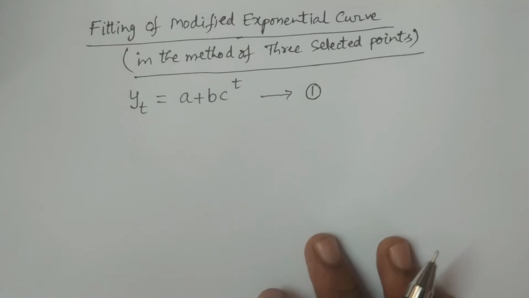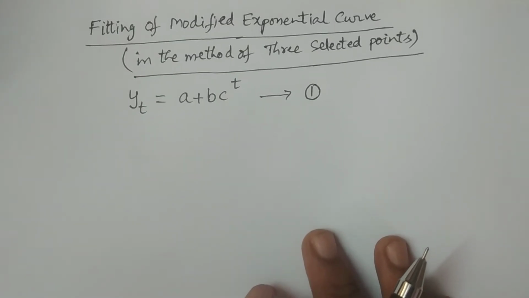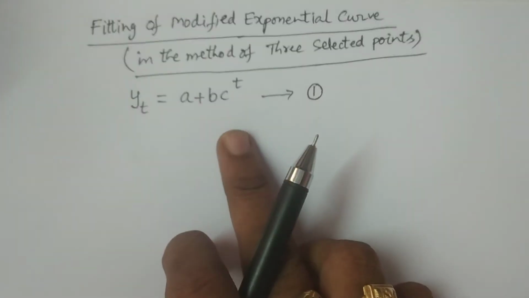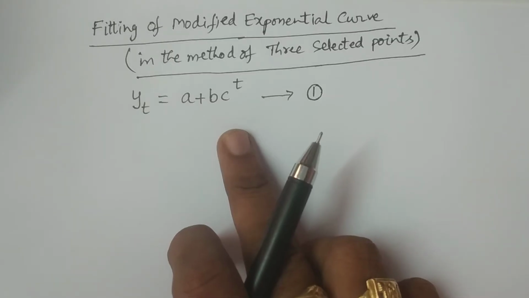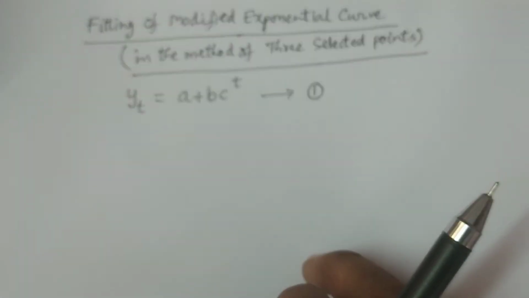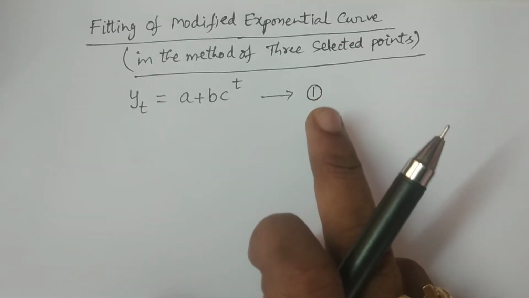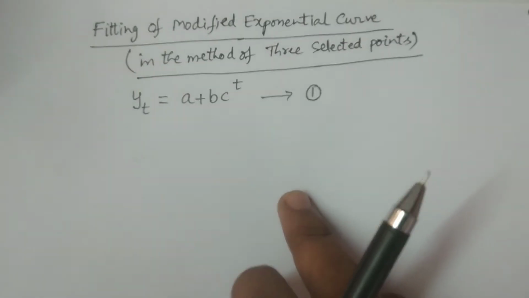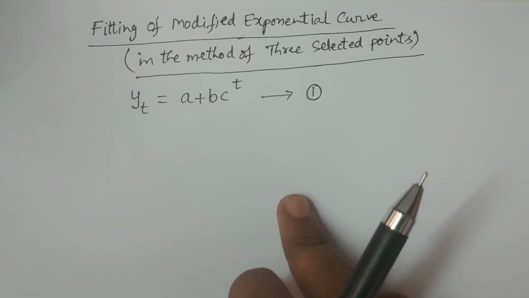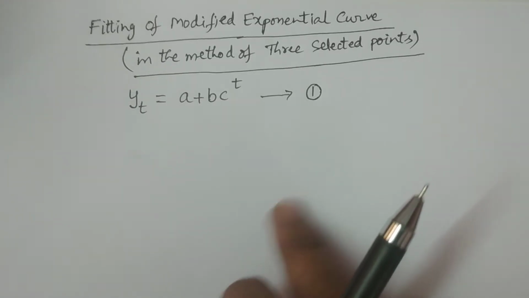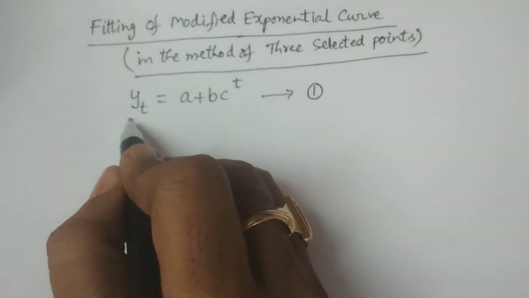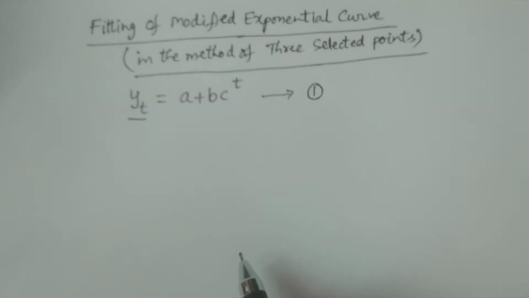Now, what we have to consider for fitting the modified exponential curve by three selected points. Obviously, it specifies three selected points. I consider three particular values of the time series of the variable y_t, which we call ordinates.